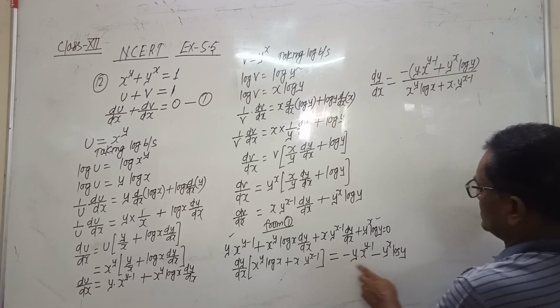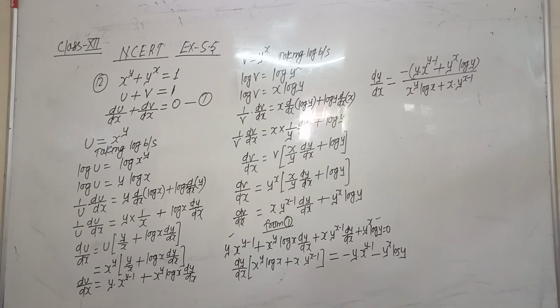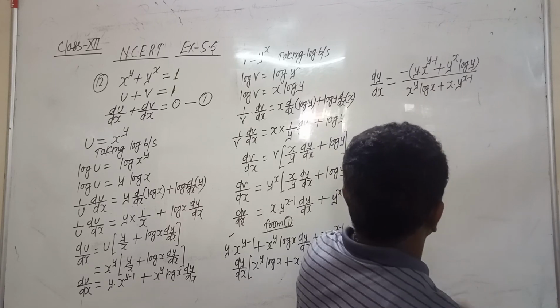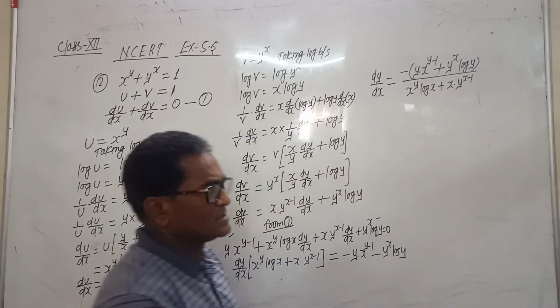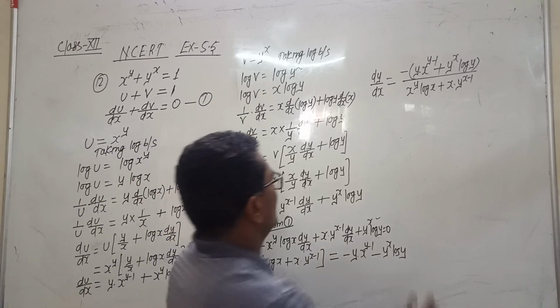This will be plus because we have taken minus as common, so both the terms will become positive. So the value of dy by dx is minus y into x raised to the power y minus 1 plus y raised to the power x into log y upon x into y raised to the power x minus 1 plus x raised to the power y into log y.